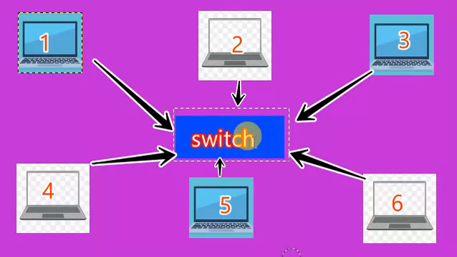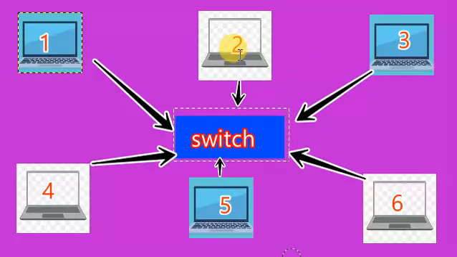For example, computer 1 wants to send data to computer 2. It will send the data to the switch and the switch will forward it to 2. Likewise, 2 wants to send data to 3.